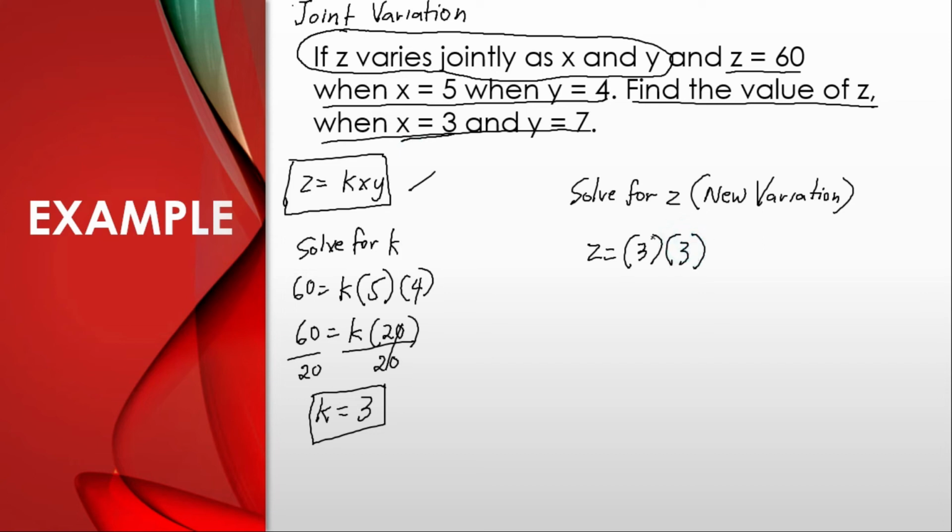At ang 7 naman, yung y natin. So, 3 times 3 times 7, what is? 3 times 3 is equal to 9. 9 times 7 is 63. So, we have z is equal to 63. So, ayan yung z natin ngayon. Okay, nagets ba? So, next naman tayo.